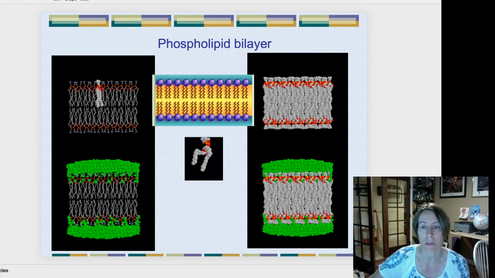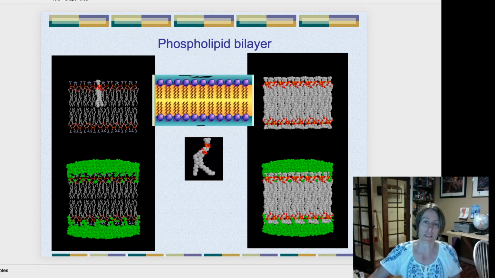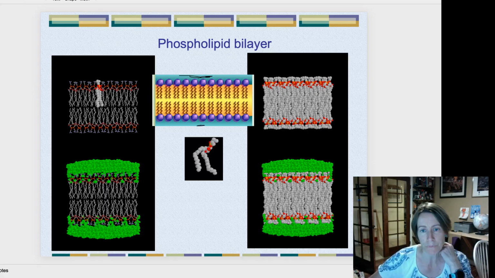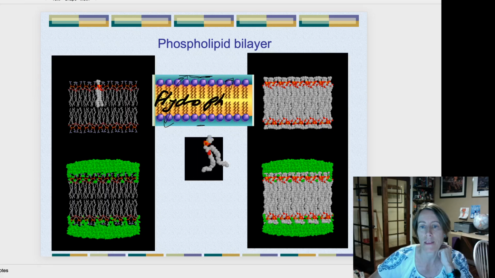And when you dump these molecules in water, and that's what this color is supposed to be, water here and water here, they will arrange themselves in this kind of sandwich formation so that they push the water to the outside and down here, and then you've got this greasy hydrophobic core and hydrophilic heads on either side.